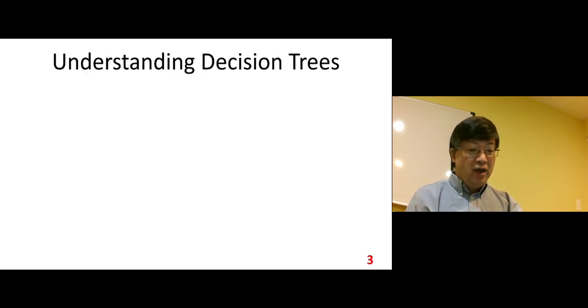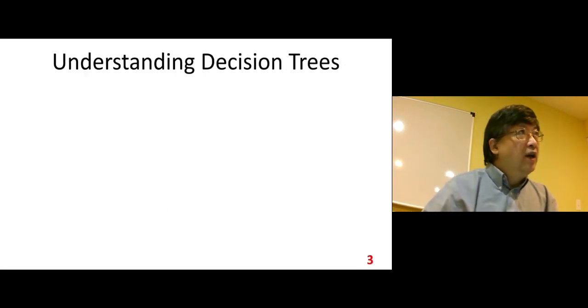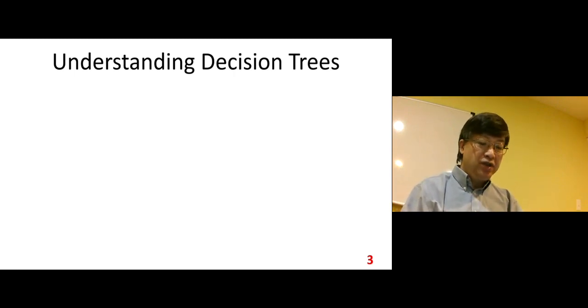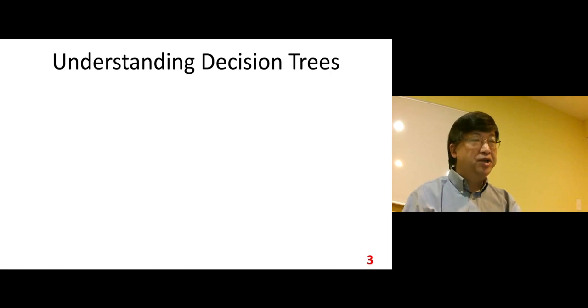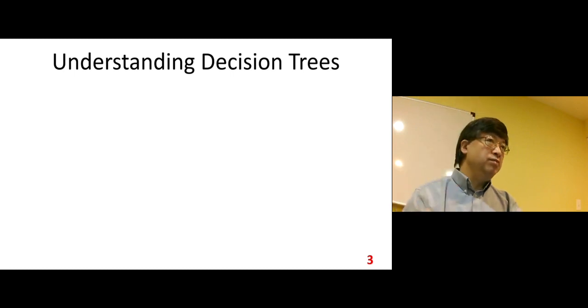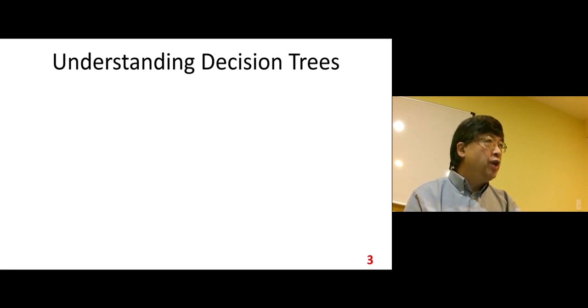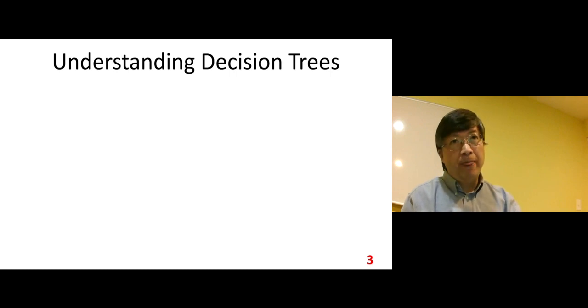All right, so let's try to understand the properties of decision trees, because we want to apply this idea to more general problems, not only a special problem, sorting a 3-element array. We want to apply the decision tree idea to sorting an n-element array, a very general one.